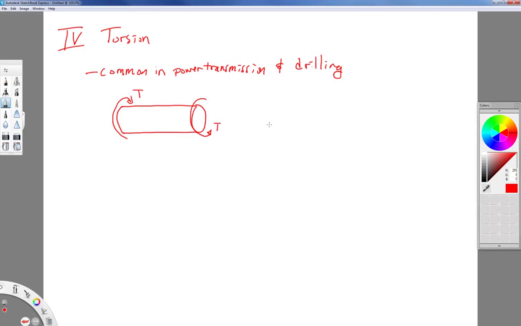Now, a notation that I like to use in this class is a double-headed arrow notation for torque. And the way that works is if you use the right-hand rule and your fingers curl around in the direction that the torque does, your thumb will point in the direction of this double-headed arrow.